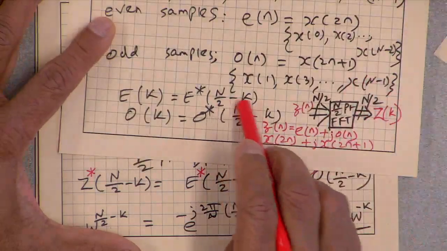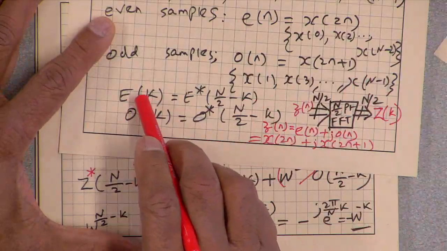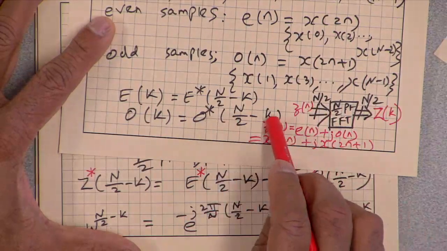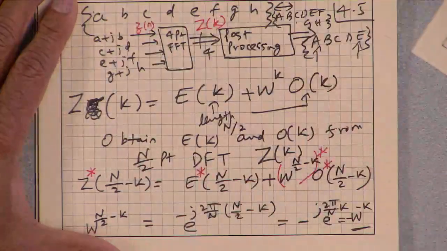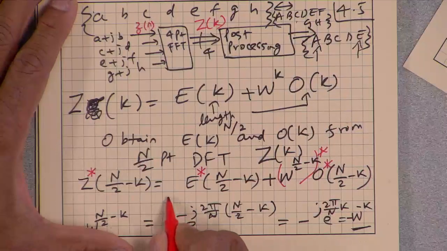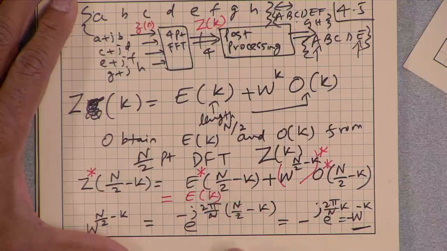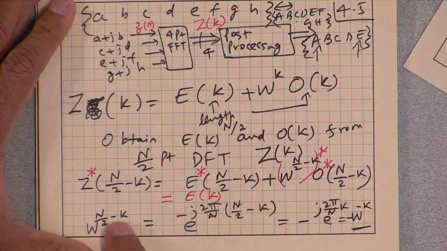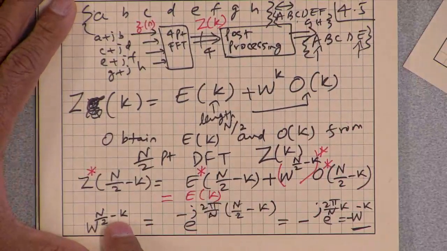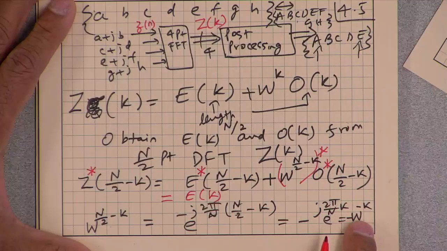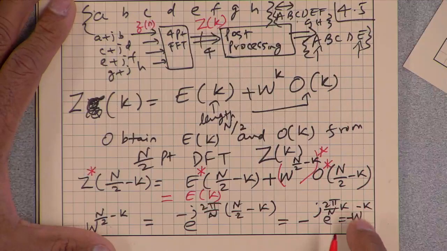E conjugate n by 2 minus k is ek. O conjugate n by 2 minus k is ok. So this quantity then is equal to ek. Now what is conjugate of this quantity? Take conjugate on this side, conjugate on this side. What is the conjugate of this quantity?